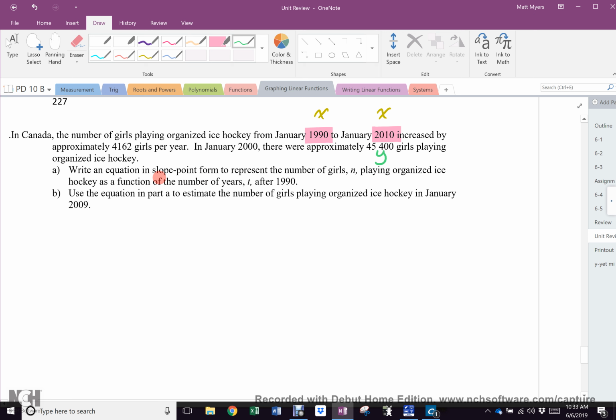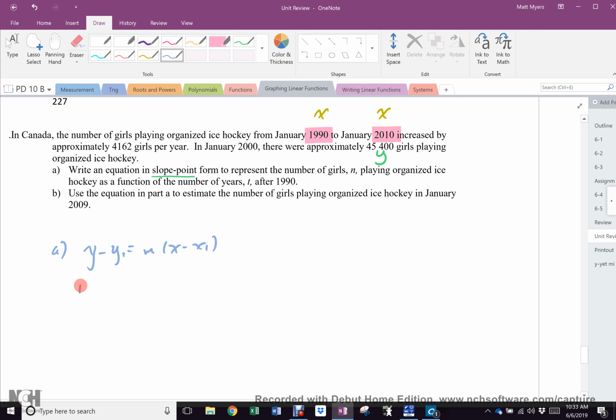So let's write an equation in point-slope form. Point-slope form, A is y minus y1 equals m(x minus x1). But we're not using y and x, we're using number of girls and t for years.